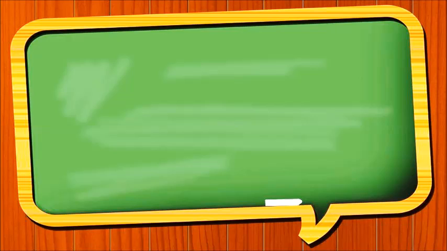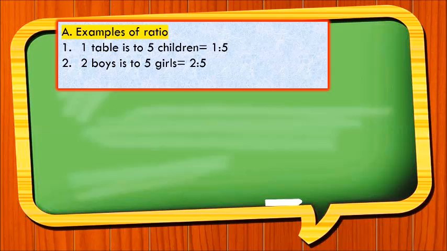Okay, so if you are not yet done, you try to look at the answers, then you try to find out how we got the correct answers. So here are some examples. 1 table is to 5 children, or 1 is to 5. So you are eating at 1 table, you are 5 children.